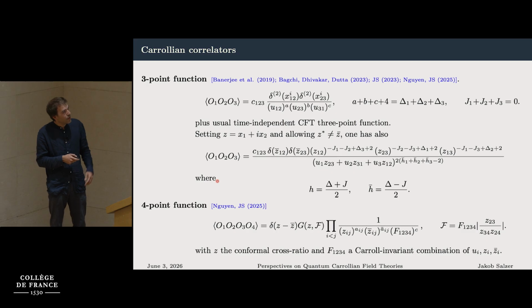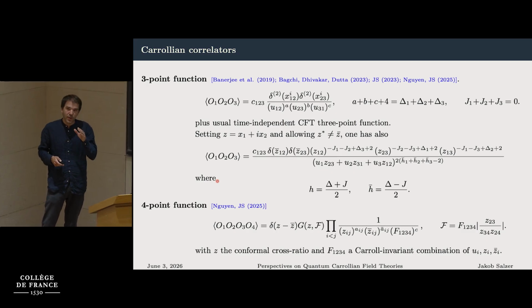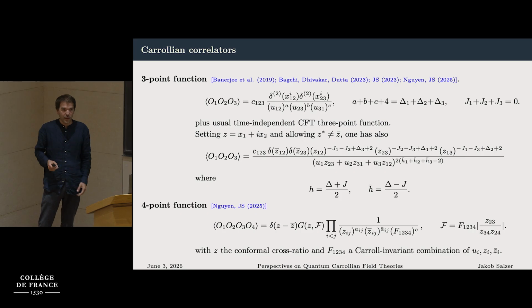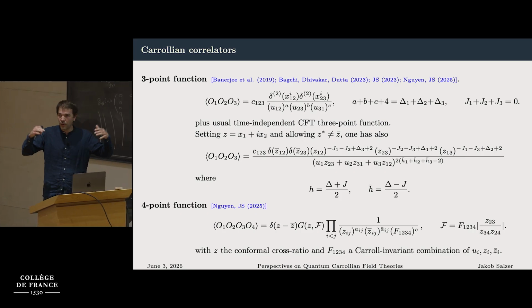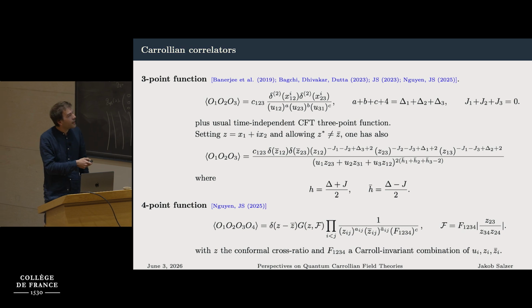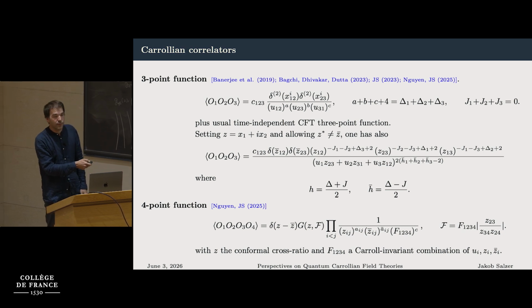And so going back to my comment about 3-point functions, you might remember that 3-point scattering amplitudes in Minkowski space of massless particles are strictly 0. But if you allow yourself to complexify your momenta, you find these 3-point MHV amplitudes, which are the building blocks of all higher point tree level amplitudes, and they are precisely of that form here.